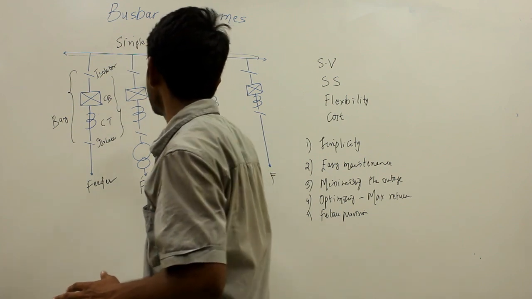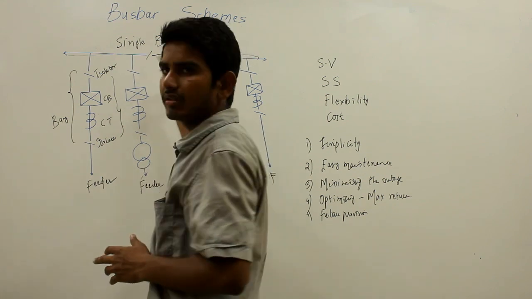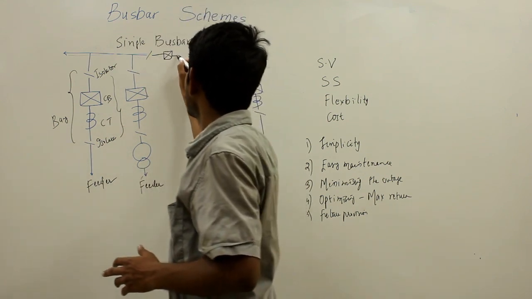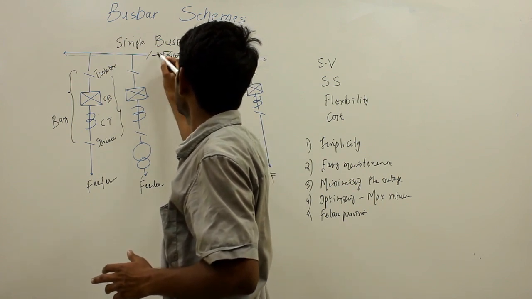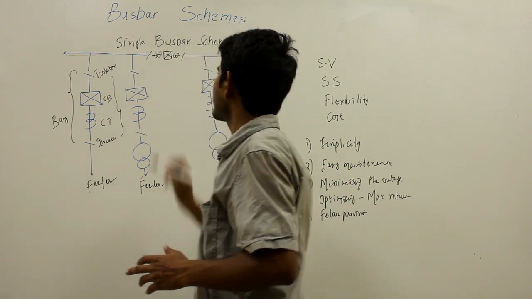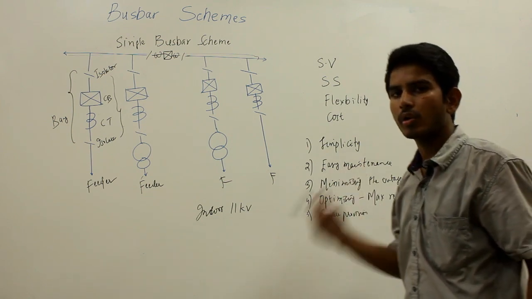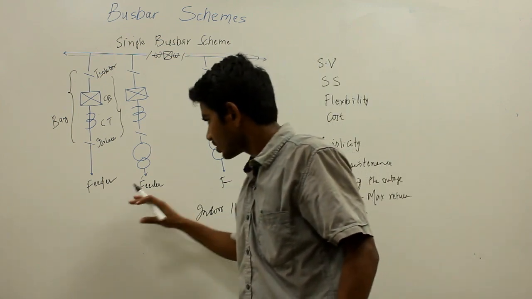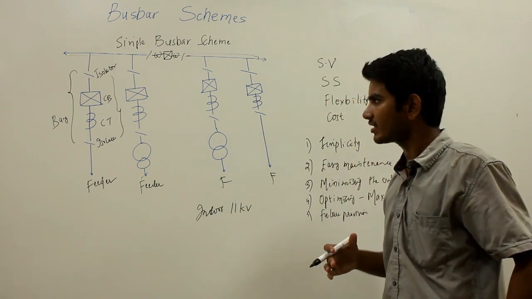Sectionalizing is nothing but dividing the single busbar into sections. So here I am having the current transformer, this is your circuit breaker, and these are the two isolators. Now if there are more than one incoming sources and outgoing feeders, then the interruption of the power system can be reduced to certain extent.